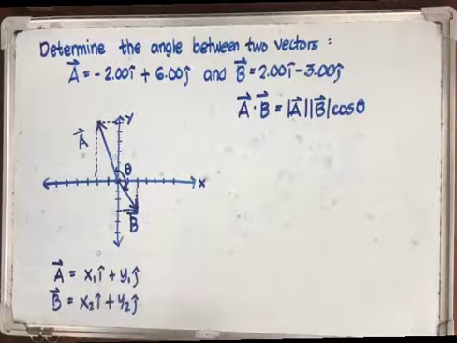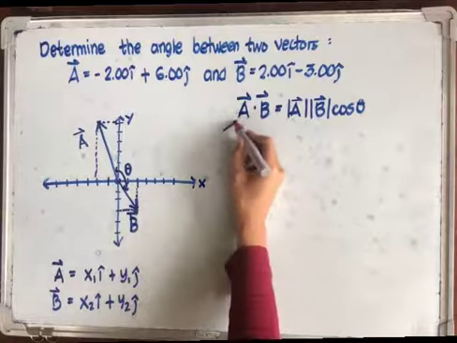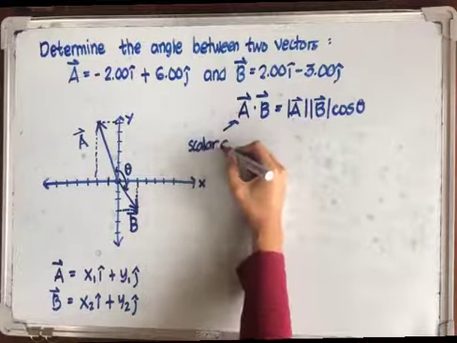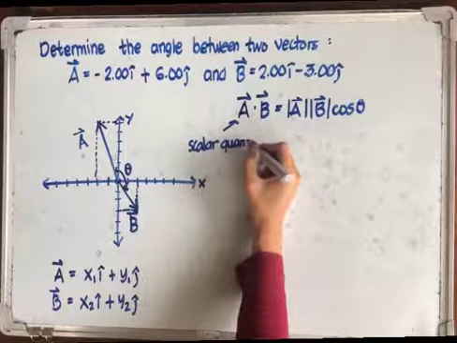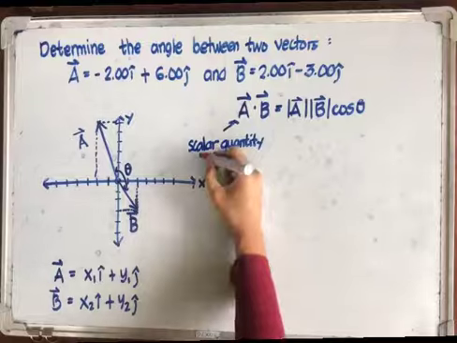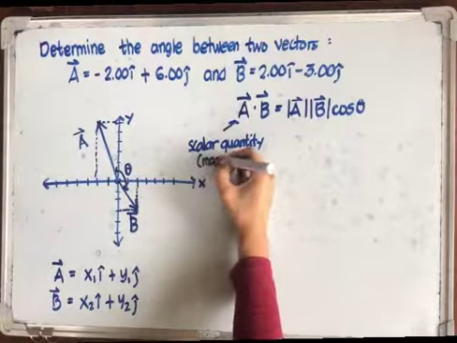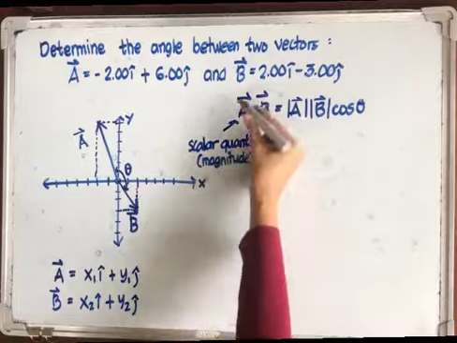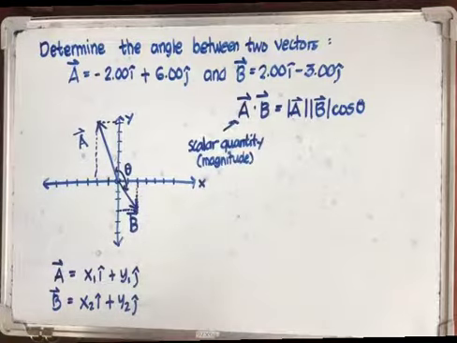Si dot product natin is scalar quantity ang magiging sagot nito. Isulat ko dito para di nyo makalimutan. Scalar quantity siya. And when we talk of scalar quantity, wala siyang direction. It only has a magnitude. So basically, numerical value lang ang makukumpute natin when we do that product.